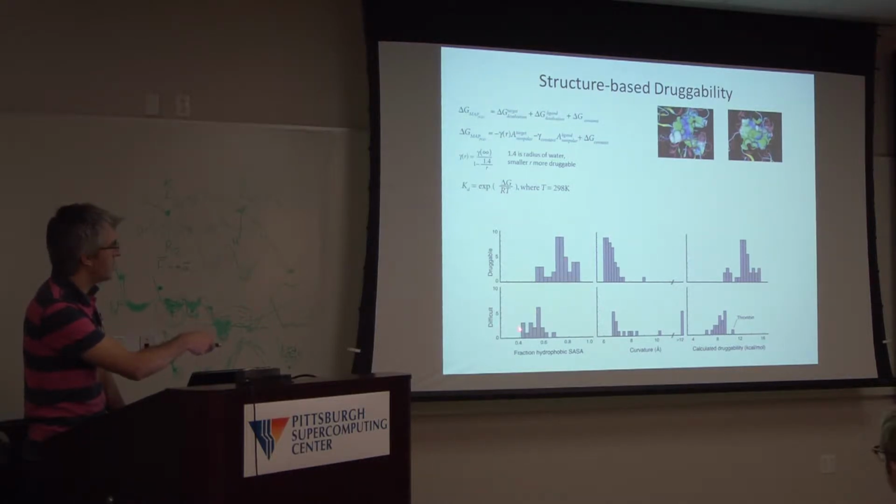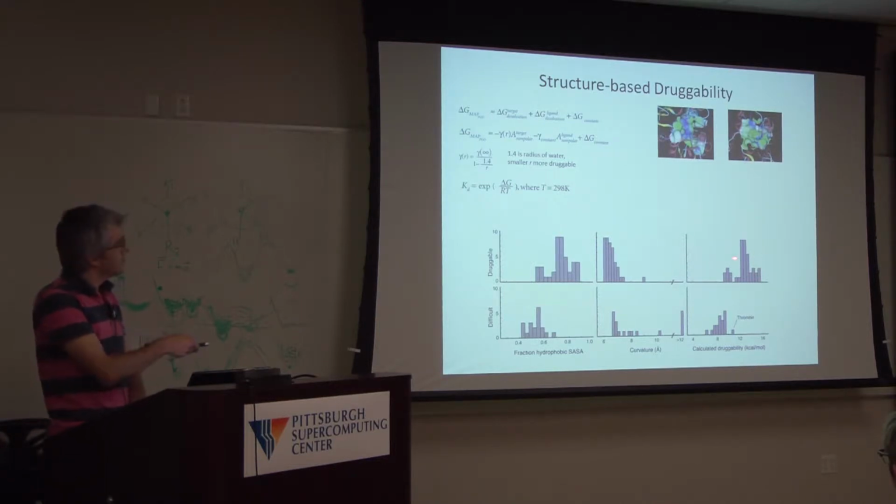For difficult or non-druggable targets, the fraction of hydrophobic surface area is much less. The concavity or curvature of the pocket is similar for druggable targets. It's a deep pocket like this, I guess. And it's widespread for difficult targets, and a combination of the two is able to predict the druggability of targets nicely.